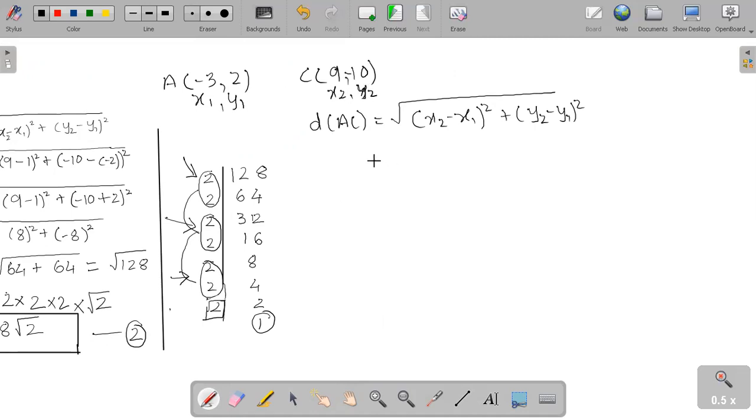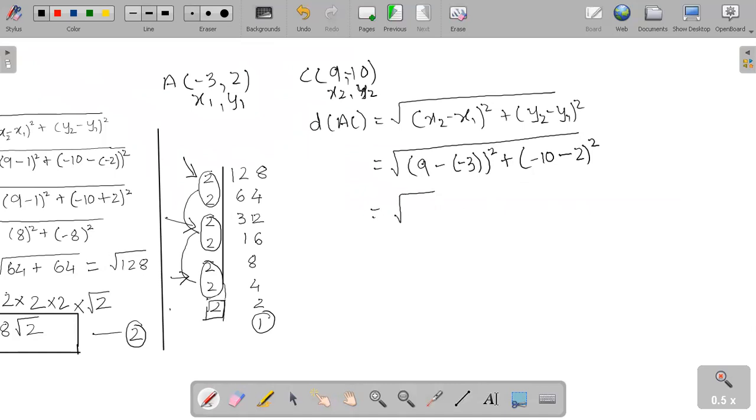So now we substitute the values. Can you tell me? 9 minus of minus 3, the whole square. Plus Y2, minus 10 minus 2, the whole square.